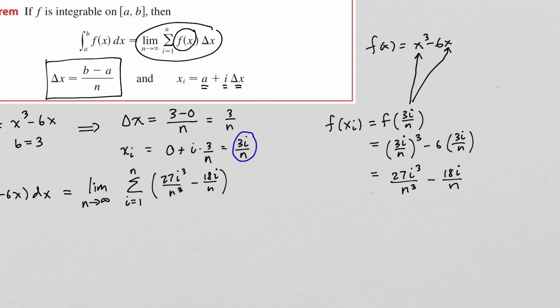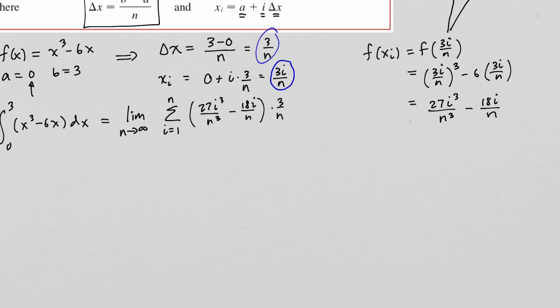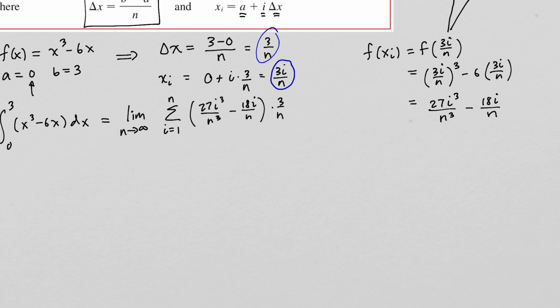Now, in addition, we have to multiply f of xi times delta x, and delta x is 3 over n. So now this whole problem comes down to simply evaluating this sum. So let's go ahead and see what we can do here. We have the limit as n goes to infinity, we have the sum i equals 1 to n. First thing I'm going to do is simply distribute 3 over n to both of these.